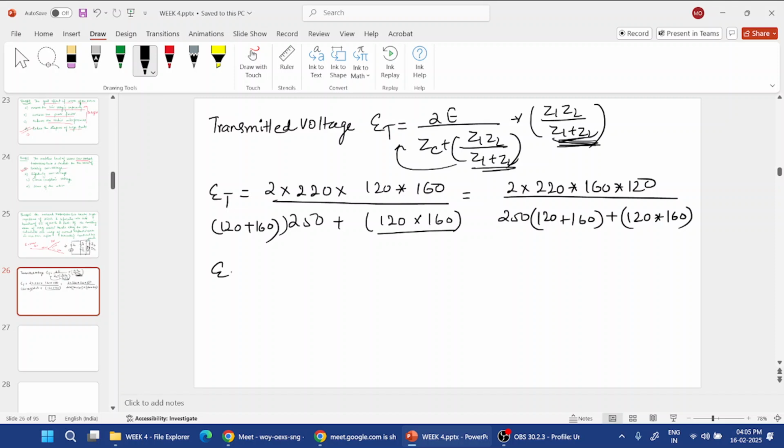If we solve it, the transmitted voltage comes out to be 94.7 kilovolt.